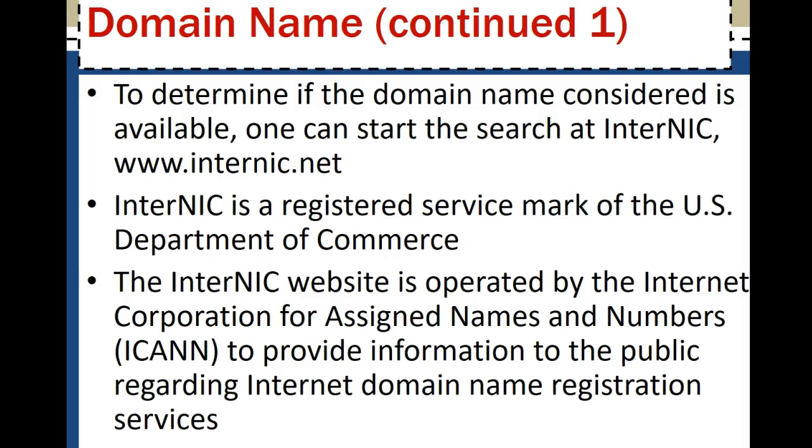The InterNIC website is a registered service mark of the U.S. Department of Commerce, and it is operated by the Internet Corporation for Assigned Names and Numbers to provide information to the public regarding Internet domain name registration services, or as we call it, ICANN. ICANN stands for Internet Corporation for Assigned Names and Numbers.